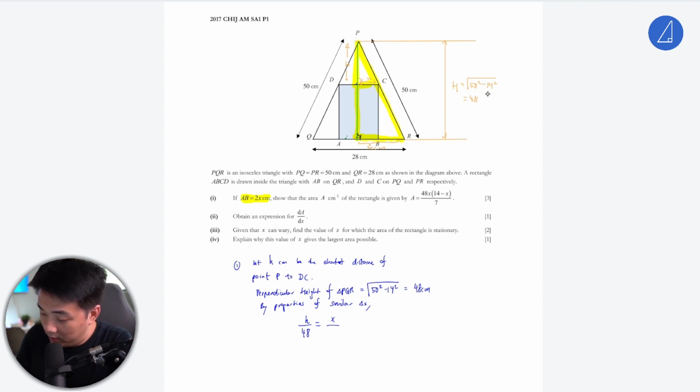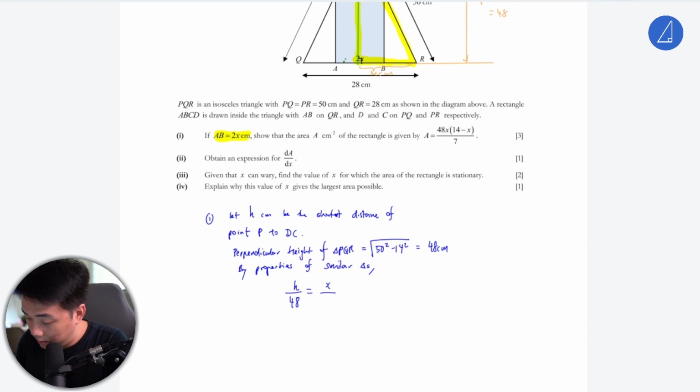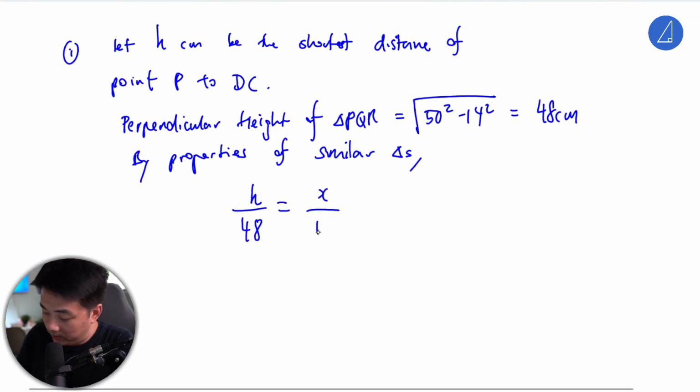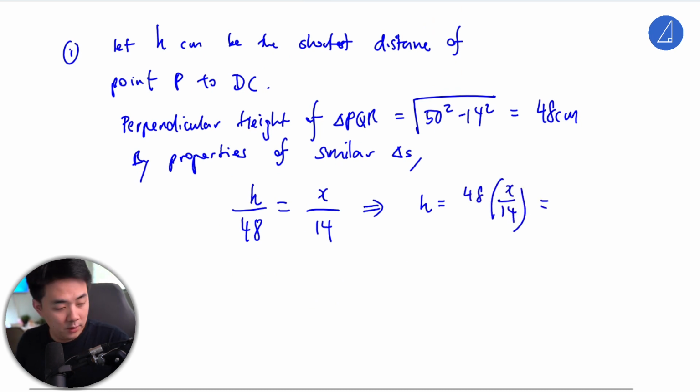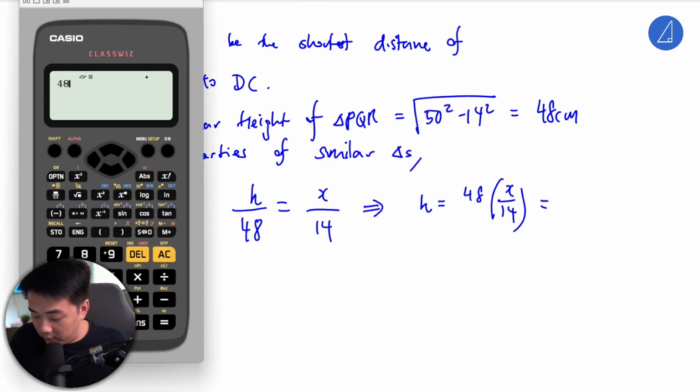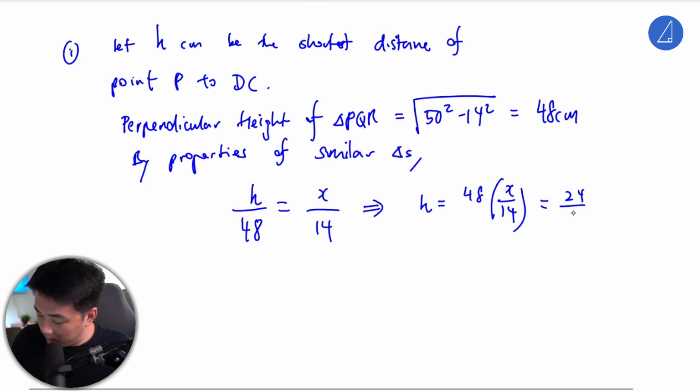So h over 48 is x over 14. Okay, great. So I know that small h will be 48x over 14. This will get us 24 over 7 x.